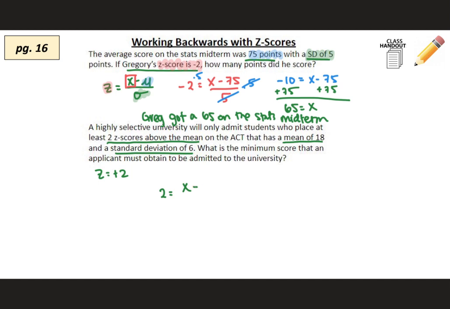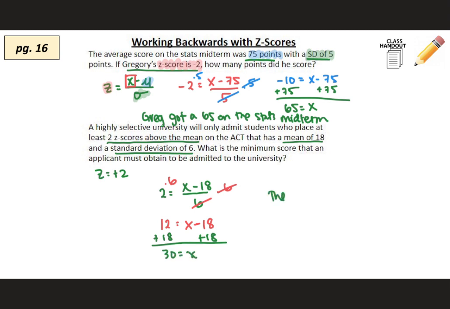The mean is 18, so x minus 18 divided by 6. Using the algebra, we're going to multiply both sides by 6. So 2 times 6 is 12. That's how many points is 2 standard deviations. And then we have x minus 18. And then lastly, we're going to add 18 to both sides. So that's 30.